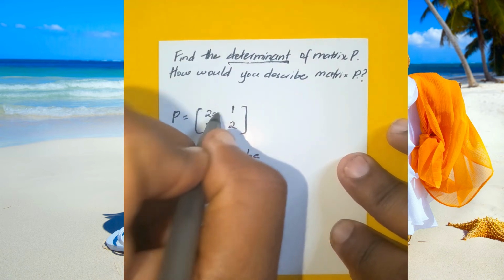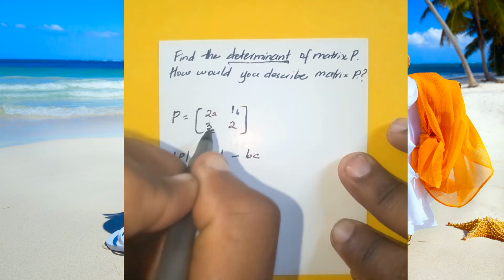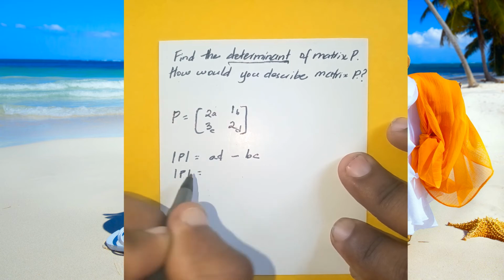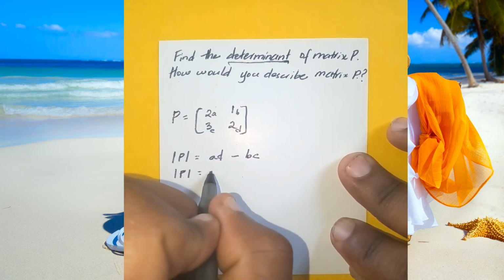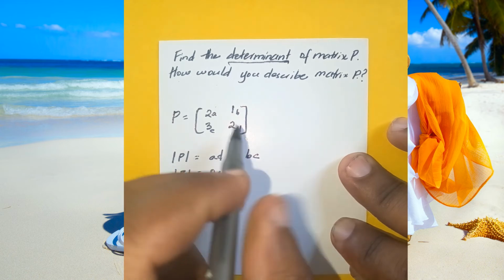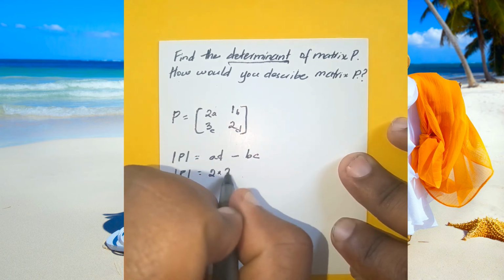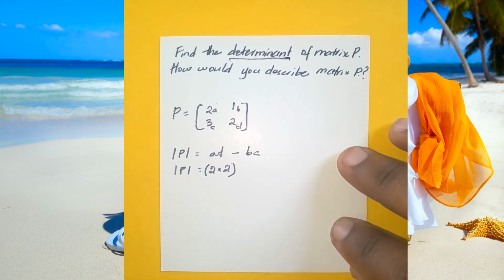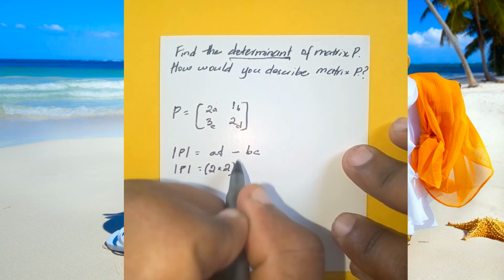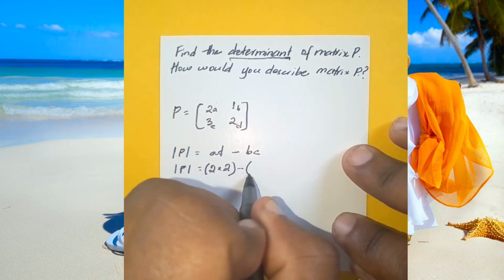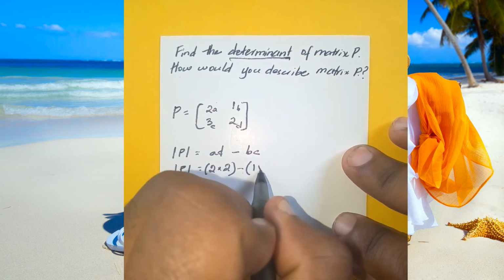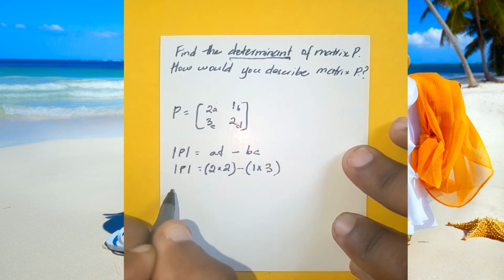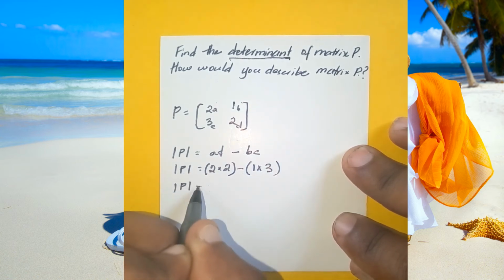So this is A, this one is B, this one is C, and this one is D. So following the formula, A is 2, and I'm multiplying it by D, so D is also 2. And I'm putting them in brackets to show that I'm working them out first to find what AD actually is. The formula then says subtract B, and the B value is 1, times C, and our C value is 3.